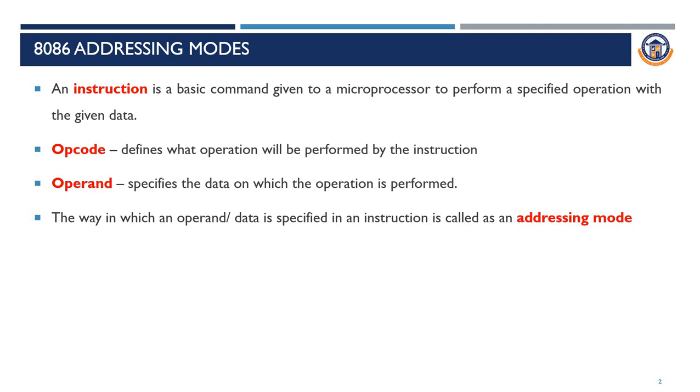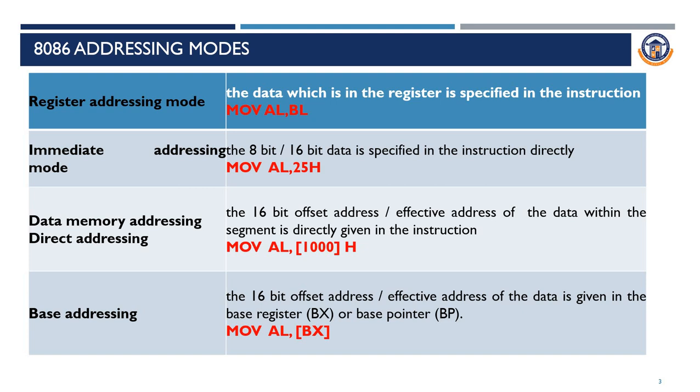So by knowing all these things, instruction, opcode and operand, we need to know what is meant by addressing mode. The different ways of specifying the data in the instruction are nothing but addressing modes. There are different types of addressing modes in the 8086 microprocessor.